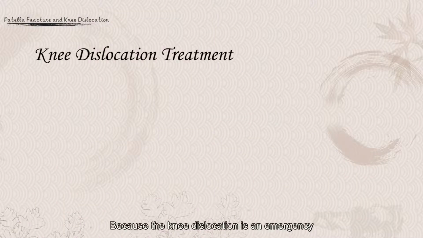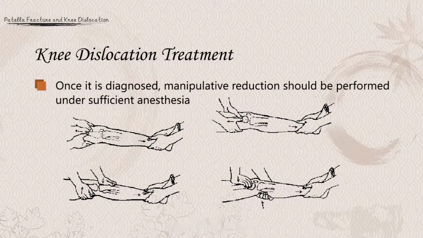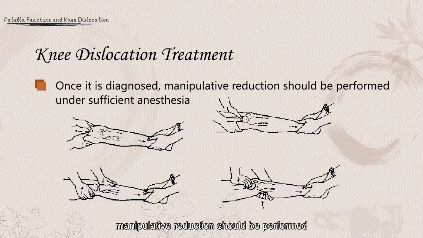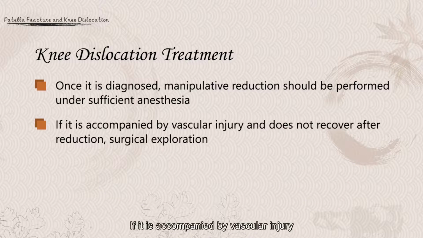Because knee dislocation is an emergency, once it is diagnosed, manipulative reduction should be performed under sufficient anesthesia. If it is accompanied by vascular injury and does not recover after reduction, surgical exploration should be carried out in time to avoid delaying the timing.